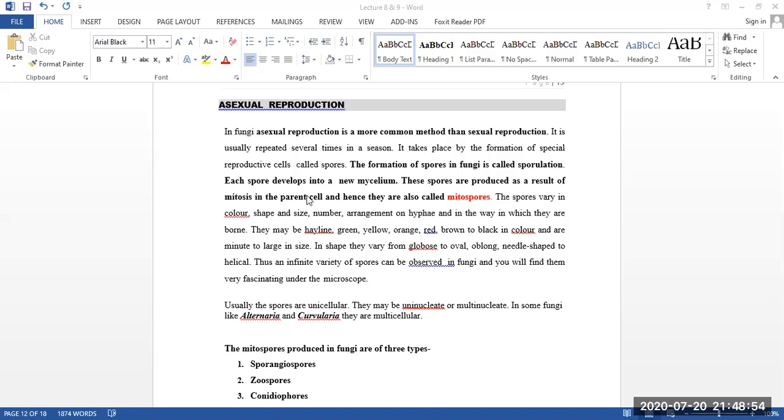Each spore develops into a new mycelium, and these spores are produced as a result of mitosis in the parent cell, so they are called mitospores.